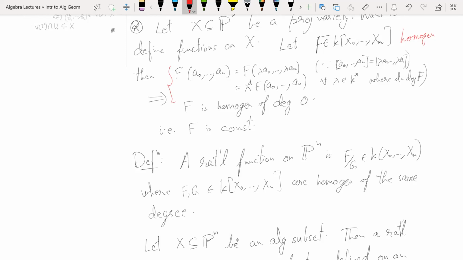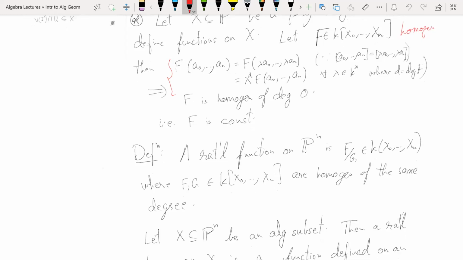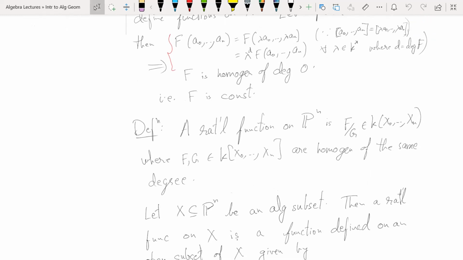But if d and e are both the same, then it's well defined, no matter which representative you choose. So that's why a rational function on Pn, we take it to be f over g in the fraction field of K[x0, ..., xn], where f and g are homogeneous of the same degree. So not every element of this fraction field defines a rational function on Pn.